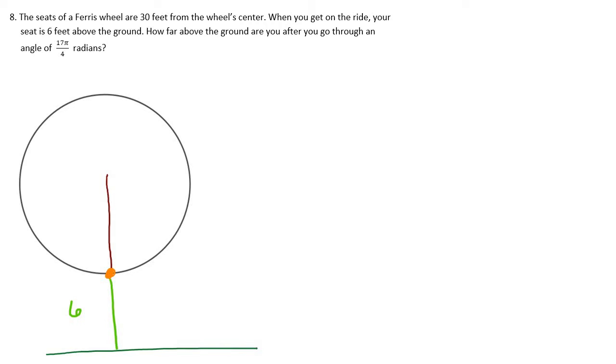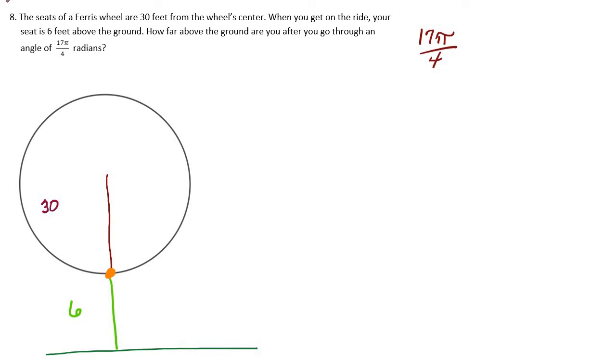Let me go back up to the Ferris wheel. Now I know that the radius of the Ferris wheel is 30 feet, and I'm told information about the height of the seat after this Ferris wheel rotates 17 pi over 4 radians.